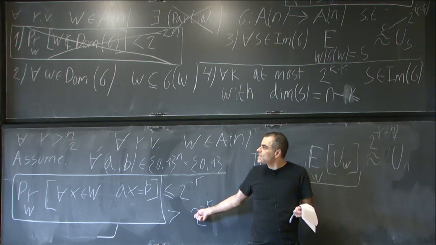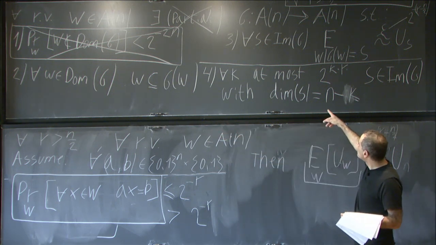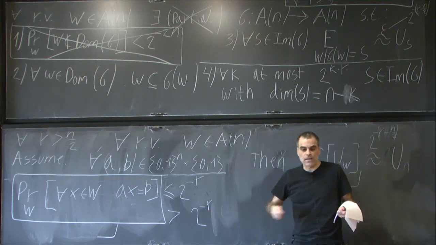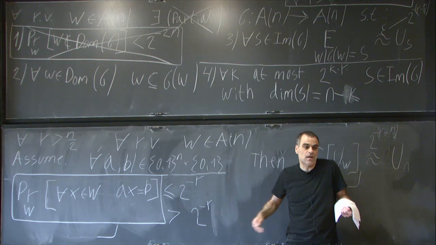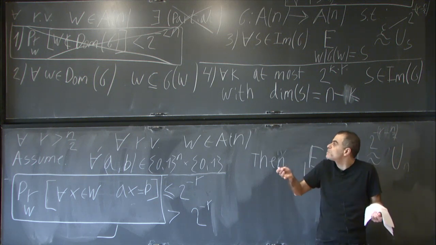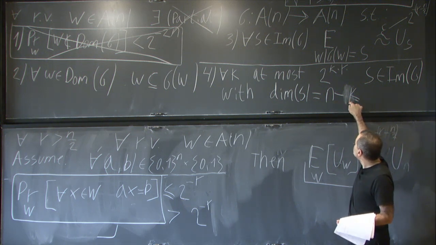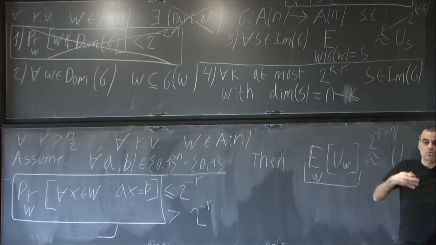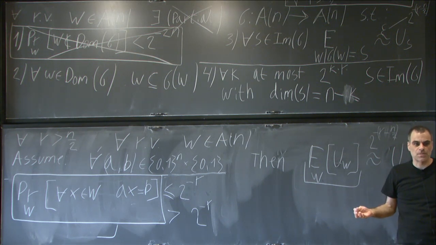And since it satisfies it, it automatically will satisfy 2 and 3. As for 4, we will use this: at each step we reduce the probability by a factor of 2 to the minus r. So if we end up with a subspace of dimension n minus k, then the probability is larger than 2 to the minus kr, therefore it cannot happen more than 2 to the kr times.